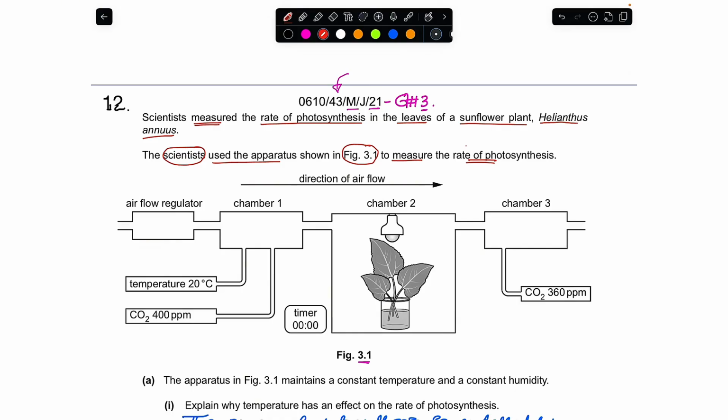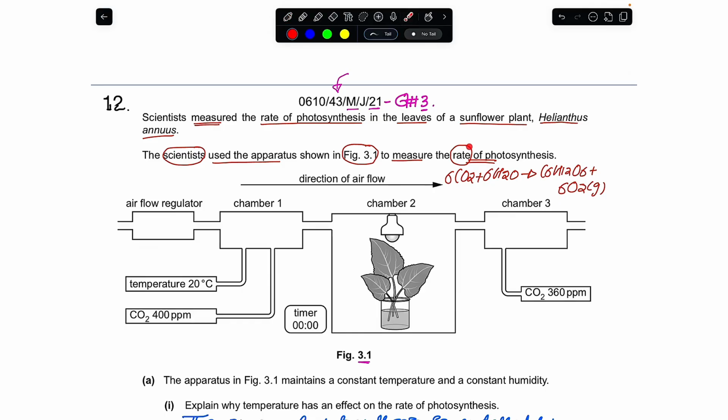Now, since we are given the word rate, and I have to assess the rate of photosynthesis, what I know is that in photosynthesis, 6 molecules of carbon dioxide combine with 6 molecules of water, and as a result we would make 1 mole of glucose, and we would also release 6 moles or 6 molecules of oxygen gas.